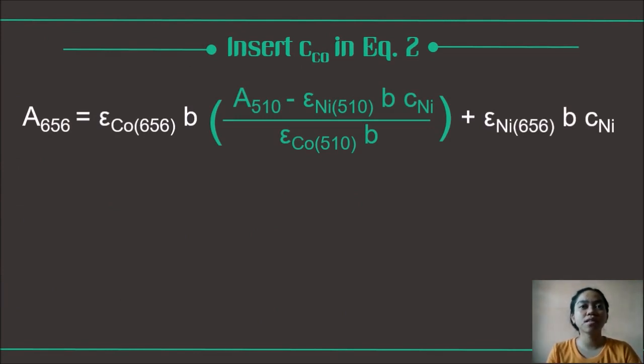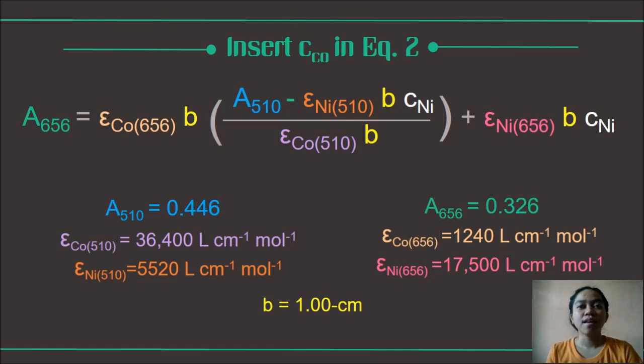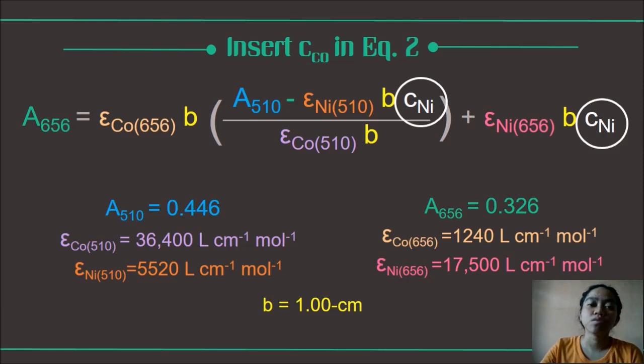And this one is pretty much just a direct substitution of the given values in our problem. I assigned different colors so you do not get confused about which is which. As you can see here, there is a specific variable with no color, which is C_Ni. This is what we want to know.